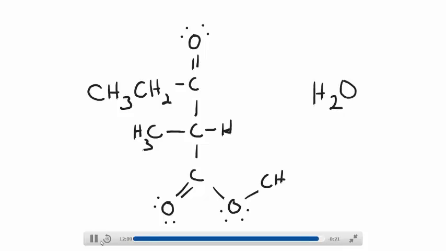This is how it's done, and the reason we call it a beta keto ester is because the ketone group is in a position beta to the ester's carbonyl carbon. So these 2 carbonyl groups are beta to each other. One of them is a ketone, one of them is an ester, and that's why we call it a beta keto ester.